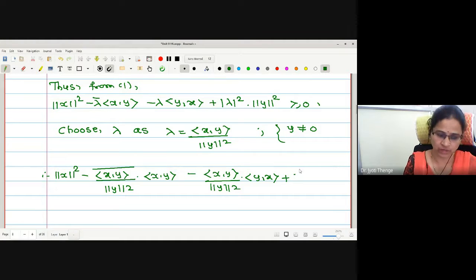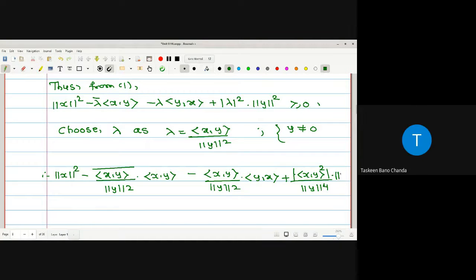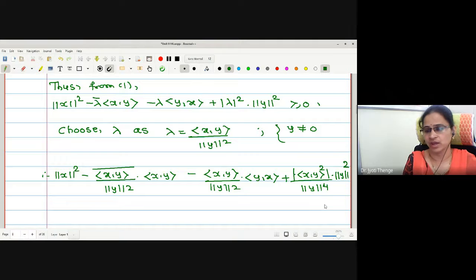Mod lambda square, it is in the modulus, inner product xy square upon norm y raised to 4, shall I write? Yes, ma'am. Into norm square of y, and everything is non-negative.